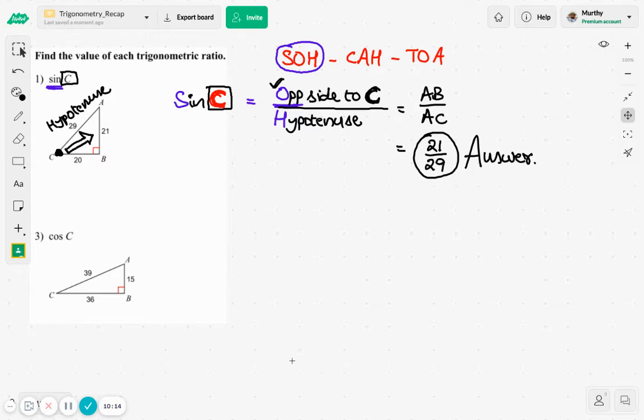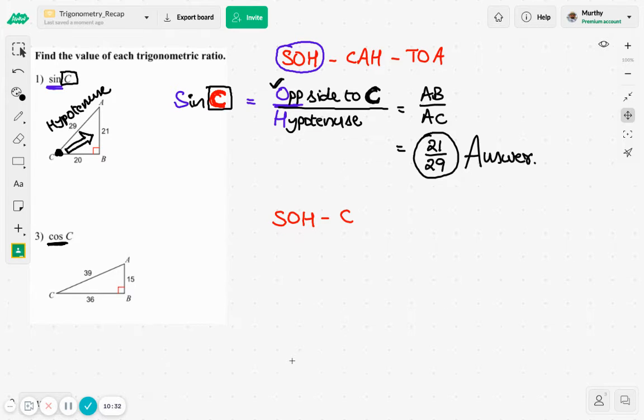Now, coming to the second one, cos C. As I told you before, please feel free to write SOHCAHTOA as many times as possible so that you will never make a mistake.